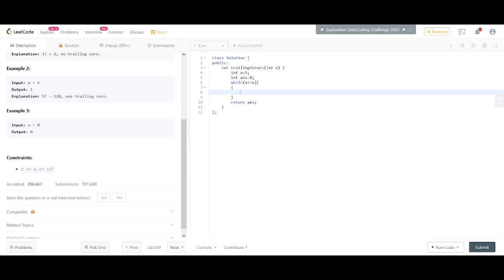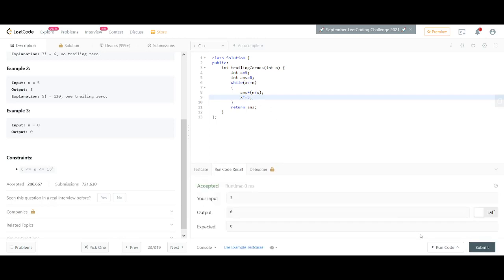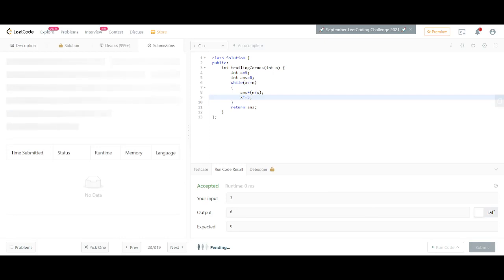While x is less than or equal to n, answer plus equals n divided by x, and then you multiply x by 5. So the next time it becomes 25. Eventually the while condition fails, and it comes out of the while loop.